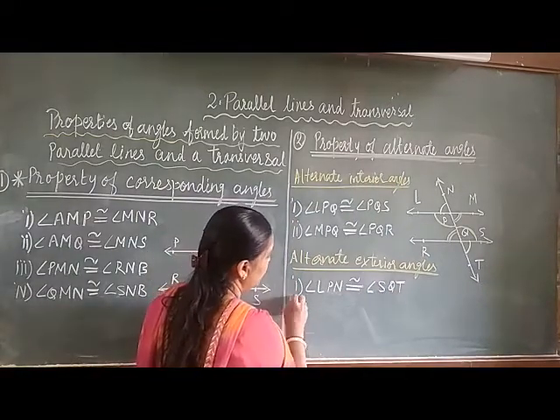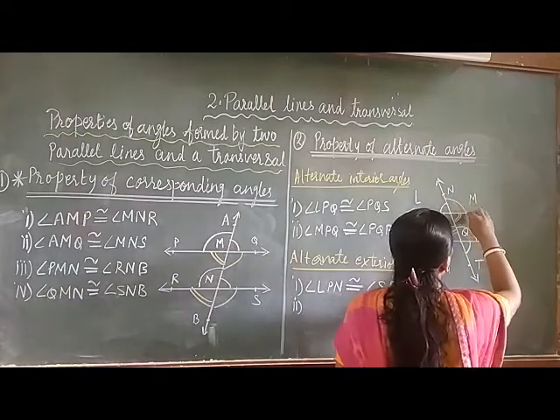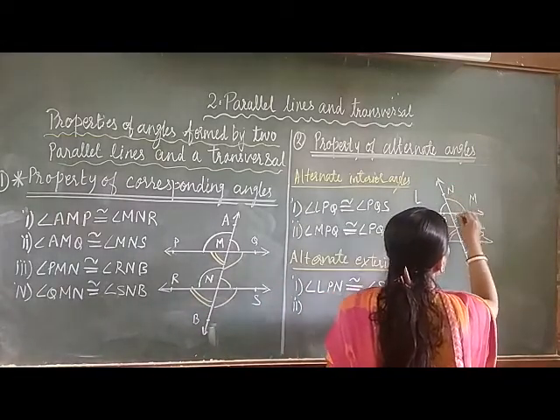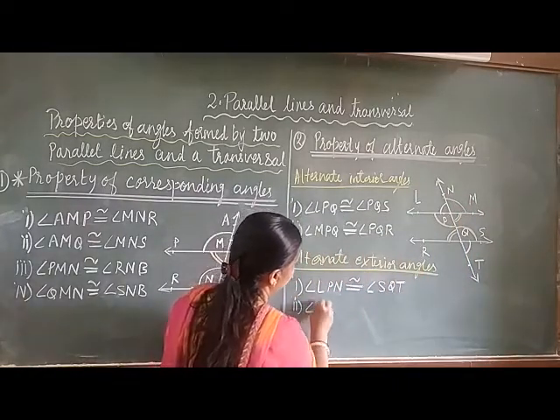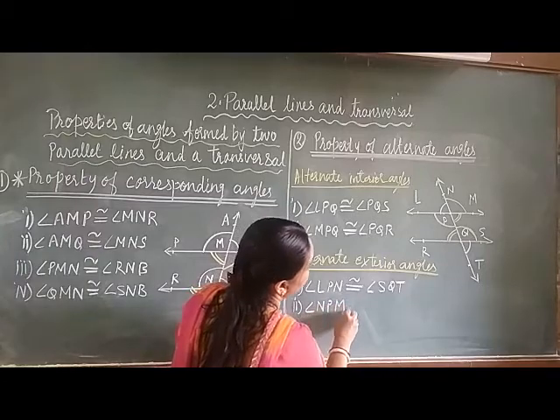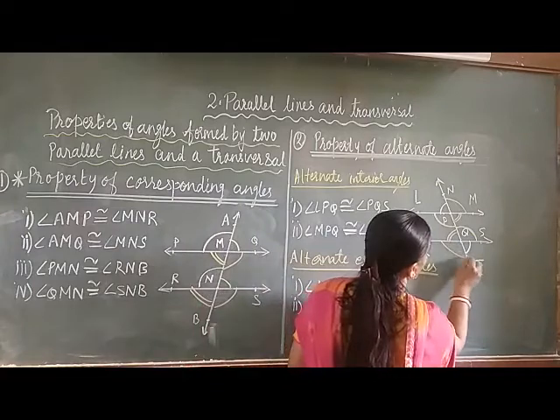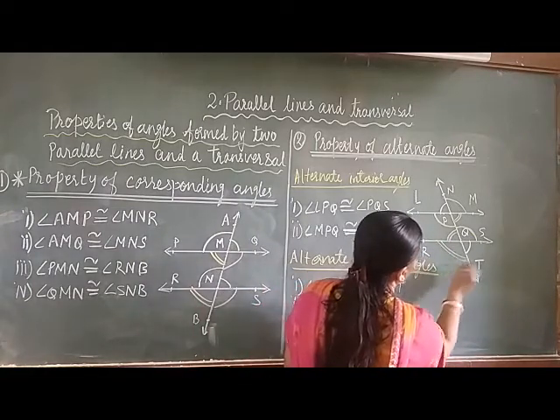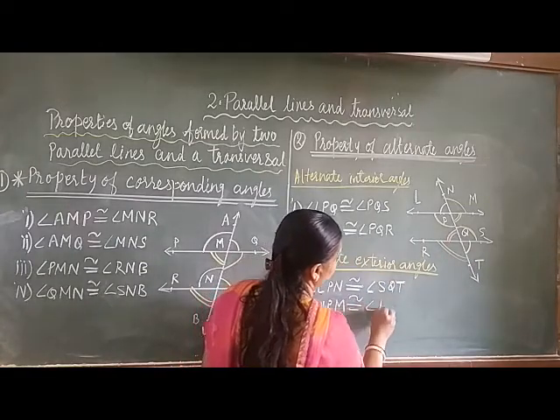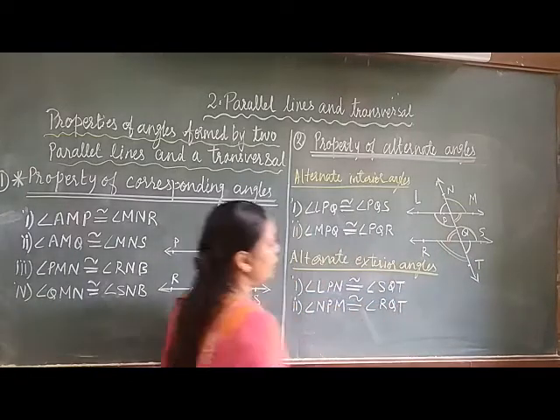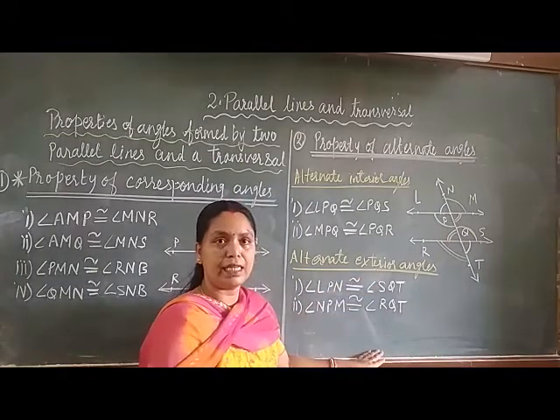Second pair we will take the remaining one, angle NPM. Angle NPM is congruent to RQT. So these are pairs of alternate exterior angles.